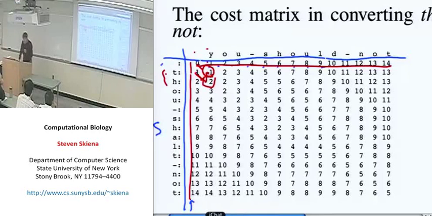In general, you can pick any spot in this matrix and see why it is being done. Let's pick our picture. Here's a nice spot. Why is this? What is the cost of editing THOU blank S into YOU SH? Okay? What is the possibility? Well, I could come from here and say that I have gotten 3 to get to this point, and then I want to convert an S into an H. That would cost 1, right?